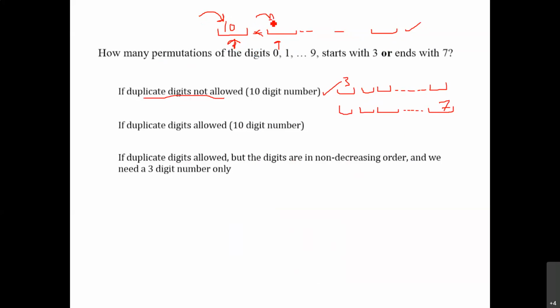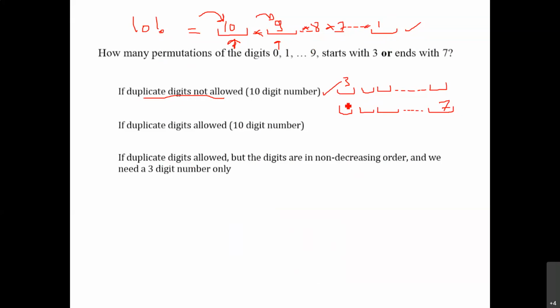What's left is 9, because duplicates are not allowed. We continue, times 8, times 7, till we reach the last spot, which is multiplied by 1. So 10 factorial is all possible 10-digit numbers such that there are no duplicates.